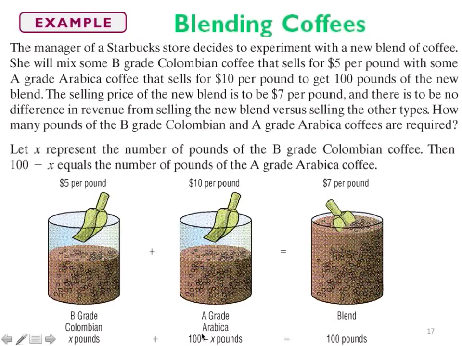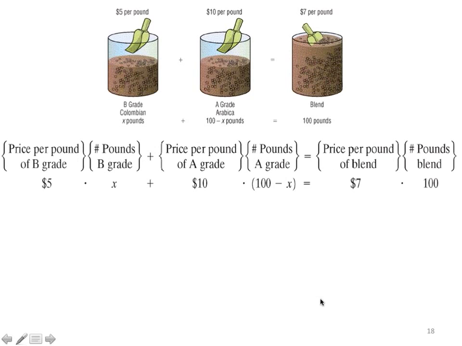So 100 minus x has to be how much A grade we're using, because when we put them together, we have to get 100 pounds. Factoring in the prices, we have 5 times x, the number of B grade pounds, plus 10 times 100 minus x, the number of A grade pounds, equals 7 times 100, the total number of pounds in our blend.